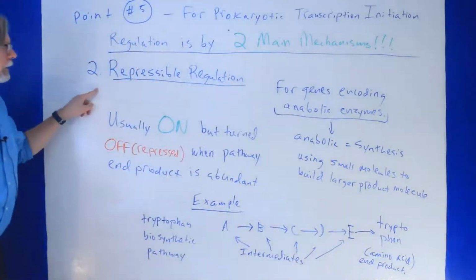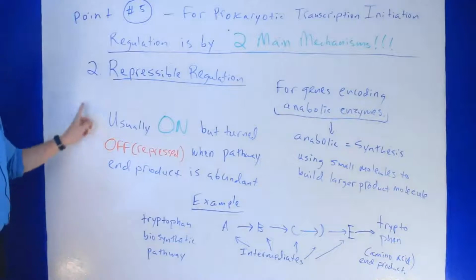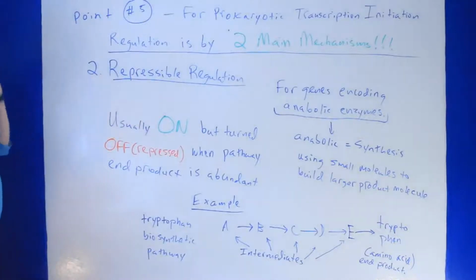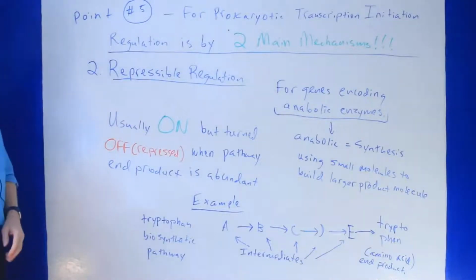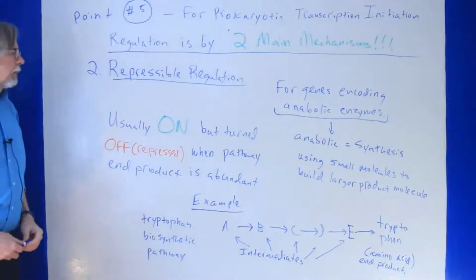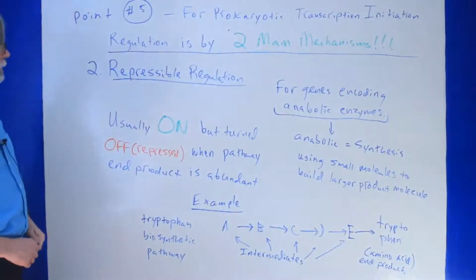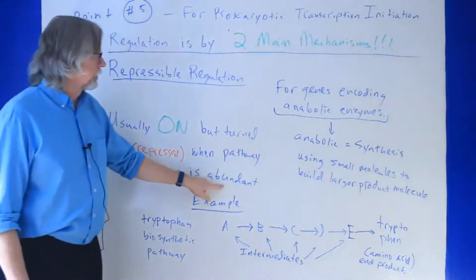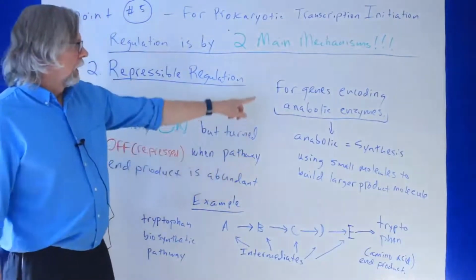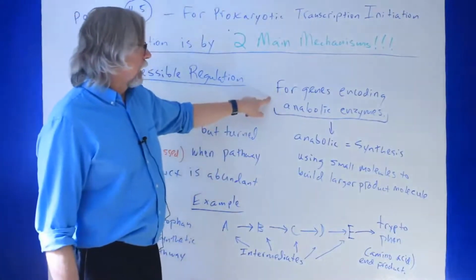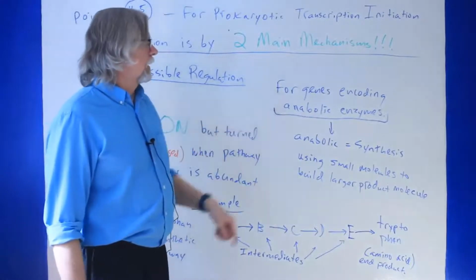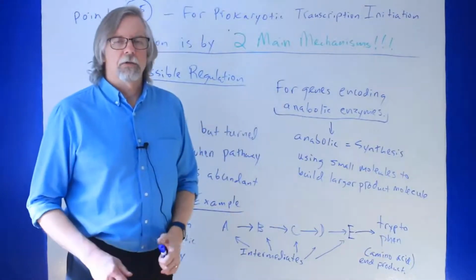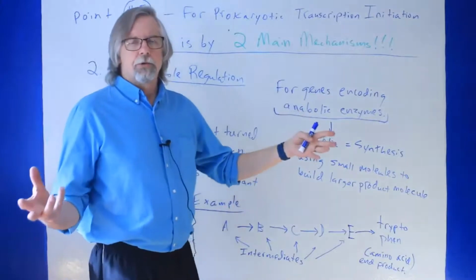In repressible regulation, the gene is usually on, but is switched off or repressed when a biosynthetic pathway end product is abundant, okay? And just to remind you, anabolic enzymes are enzymes that carry out synthesis reactions, taking smaller substrates and building larger products.